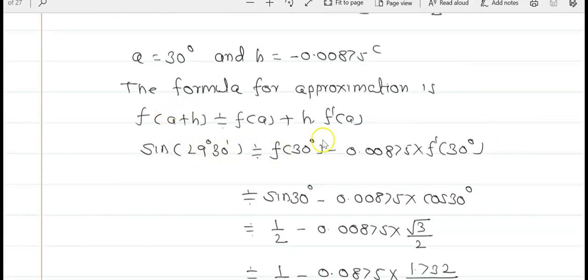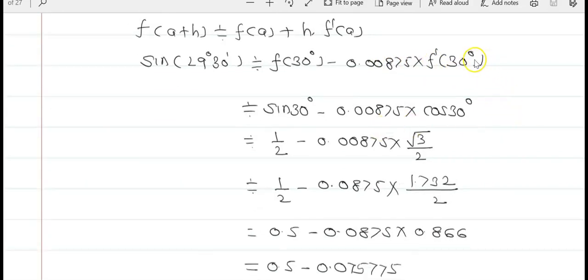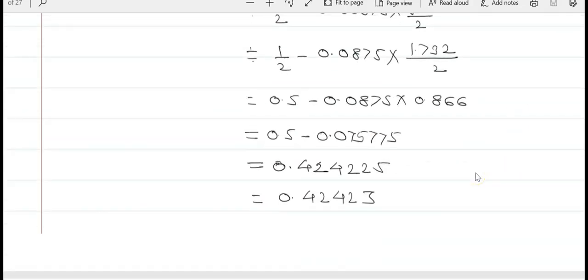The formula for the approximation, f of a plus h is approximately equal to f of a plus h into f dash of a. F of 30 degree minus 0.00875 f dash of 30. Substitute the values. f dash of 30, that is cos 30, is root 3 upon 2, value 1.732 upon 2, and you will get this value.